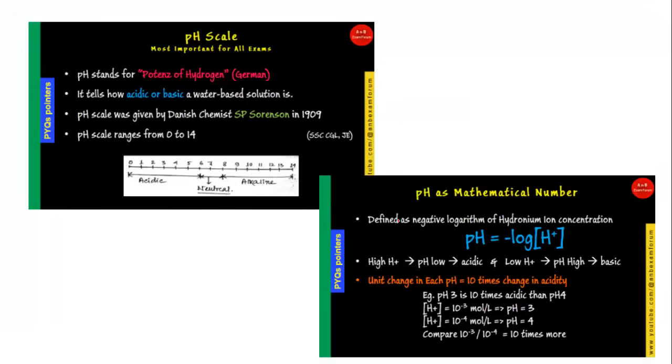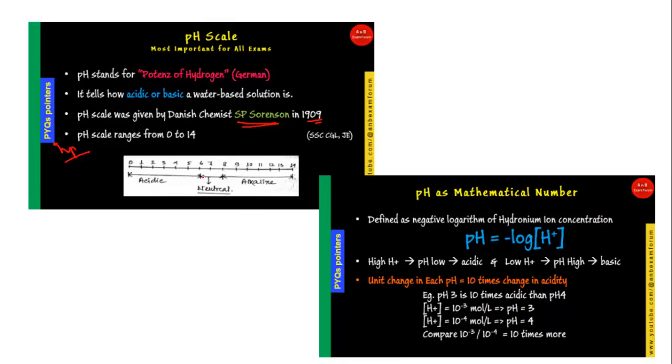And we have seen the pH scale related pointers in our theory classes, where we have discussed that pH tells how acidic or basic a water based solution is, and this scale was given by Danish chemist S. P. Sorensen in 1909. A very important one, the pH scale ranges from 0 to 14, and why it is only 0 to 14 we have already seen.